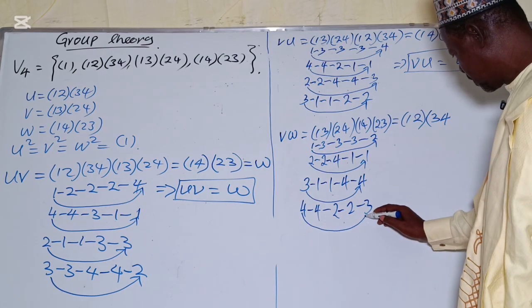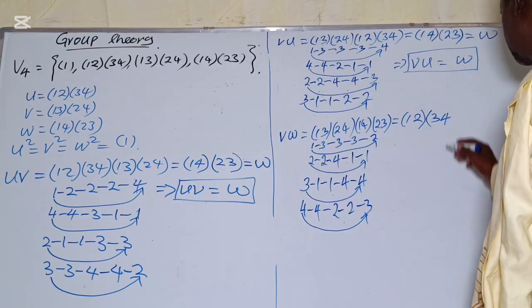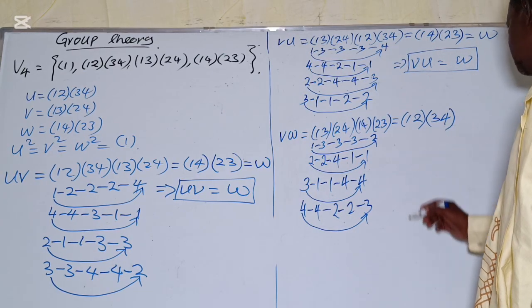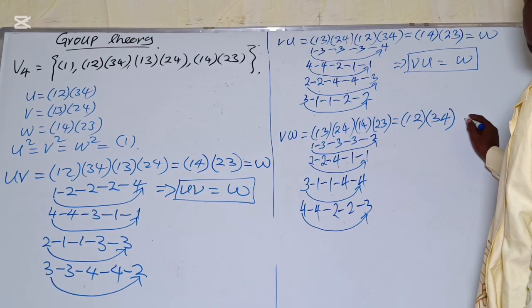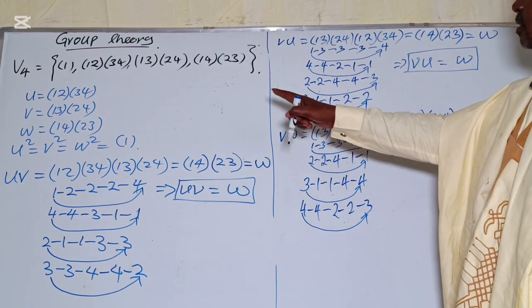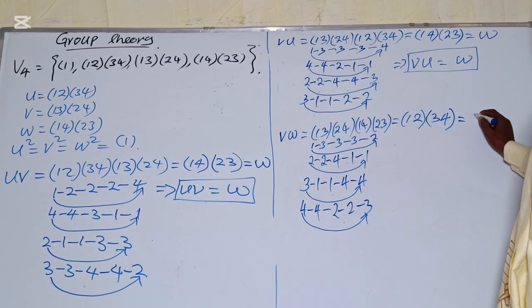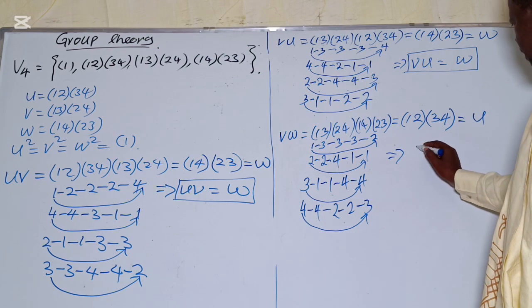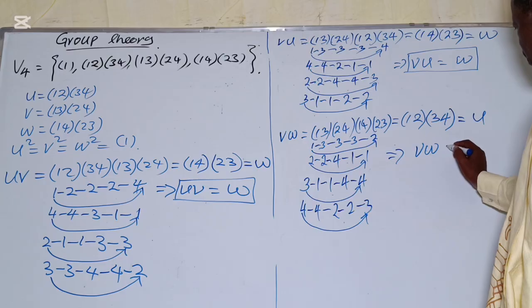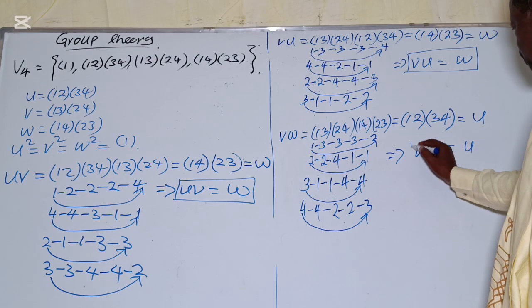So ultimately 4 is mapped onto 3. So I'll have another transposition. So I have (1 2)(3 4). But what is (1 2)(3 4)? It is actually my U. So this implies that V times W gives me U.